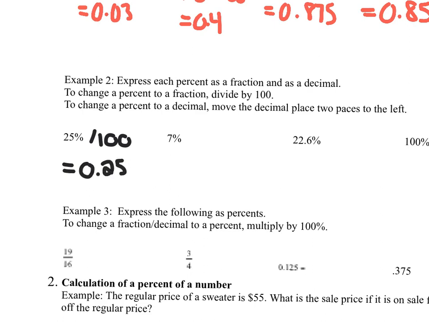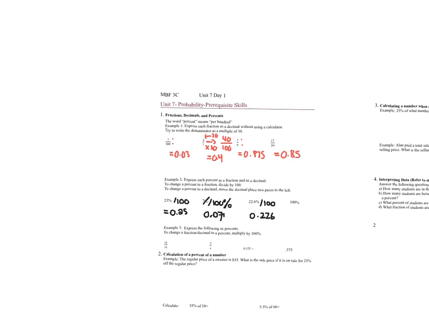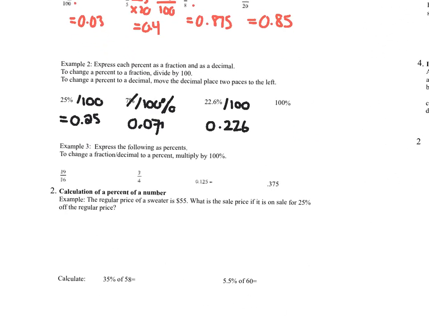Again, 7% divided by 100, because essentially you got to think it's 7% divided by 100%, and the percents cross out. You'll be left with 0.07. And we're just going to continue on through 0.226. And then 100% is just the value of 1.